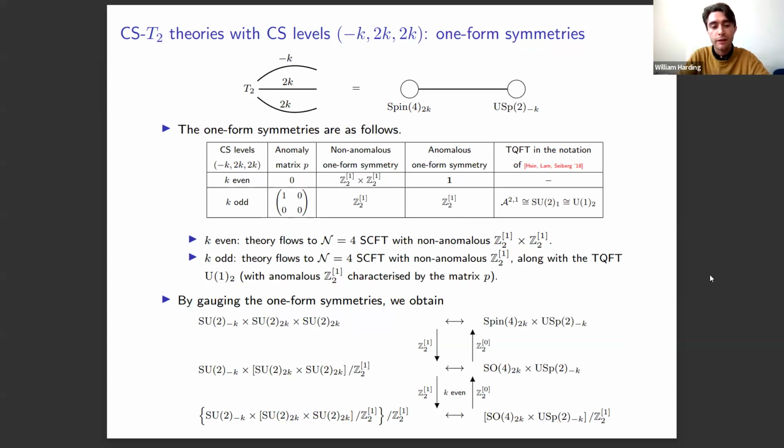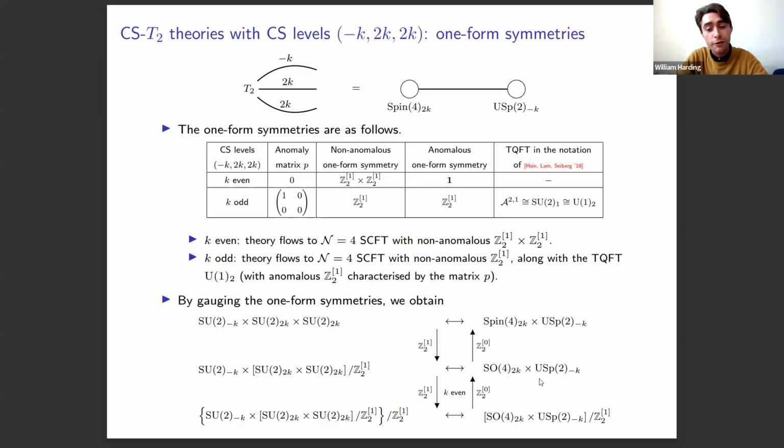So on the left-hand side, there is the gauge group of the Chern-Simons-Trinion theory, whereas on the right-hand side, there is the gauge group of the orthosymplectic quiver. Now, we can gauge the Z2 one-form symmetry corresponding to a combination of the centers of SU(2) level 2k and SU(2) level 2k. And I obtain the gauge group, which you can read.